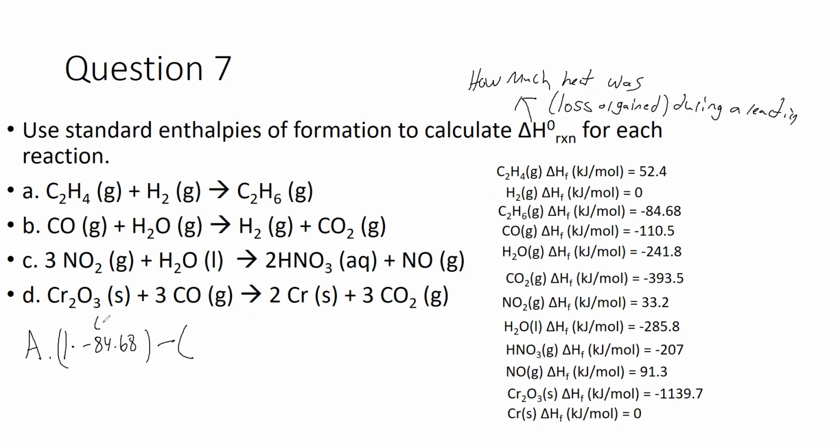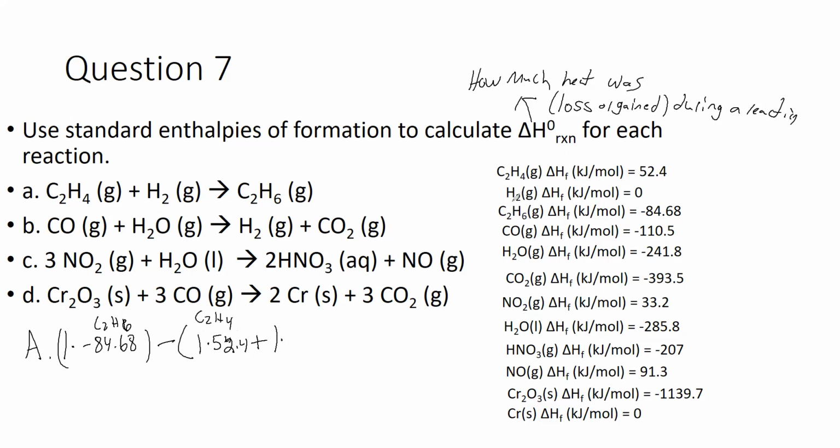So let me just draw this out. C2H6. This is C2H4. Minus 1 mole of C2H4. The delta H of C2H4 is 52.4. So 1 times 52.4. Plus, I have this addition sign because we are dealing with reactants, so everything on the same side of the arrow gets a plus. Plus hydrogen, 1 mole, times the delta H of formation of hydrogen.